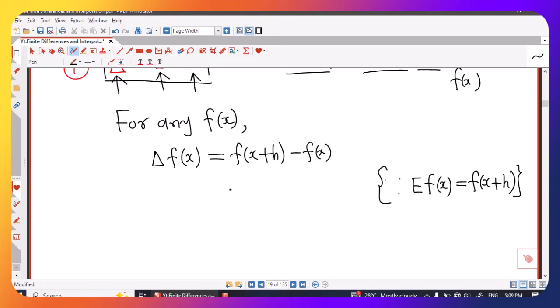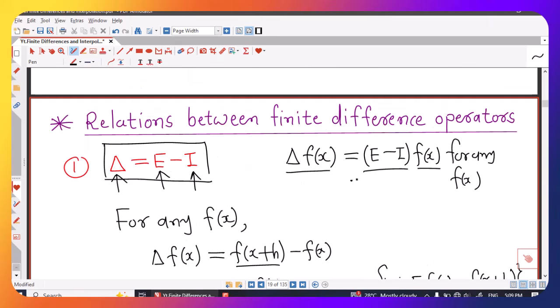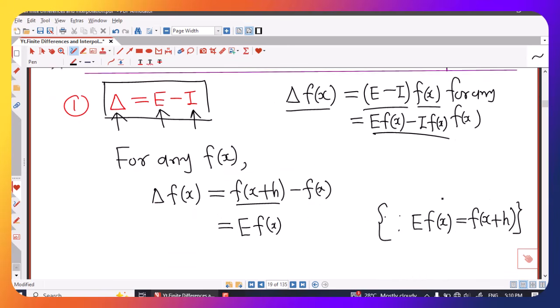So using this definition, I can replace f(x plus h) by E of f(x), because I want to prove that delta f(x) equals (E minus I) f(x), that is E f(x) minus I f(x). This I have to prove.